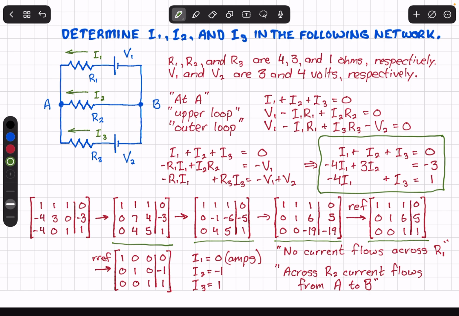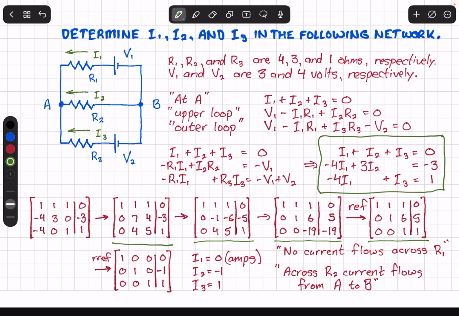But if we go to the last step, reduced row echelon form, all columns with leading ones are otherwise zeroed out, we see the values of I1, I2, and I3 immediately. The units in this application are amps. So we know that the currents flowing across resistor 1, resistor 2, and resistor 3 are 0, -1, and 1 with the orientations we assigned.